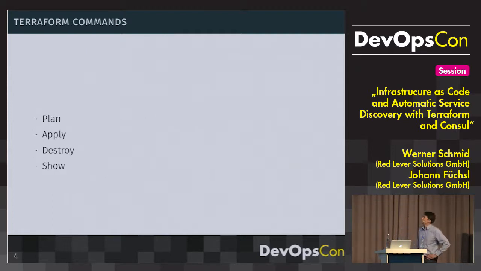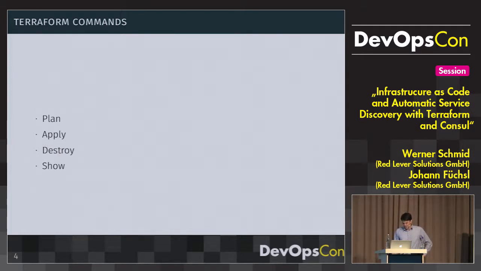What are the most important commands of Terraform? I think the most important two commands are plan and apply. With plan, more or less, you see what resources Terraform wants to provision on which cloud provider. And with Terraform apply, you can then start this provisioning and really provision those instances or those resources to the cloud.